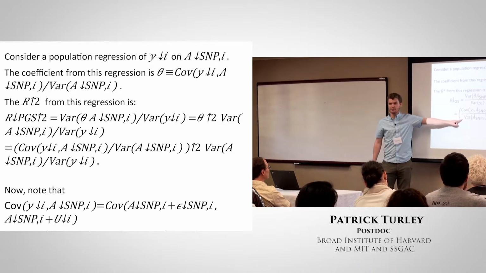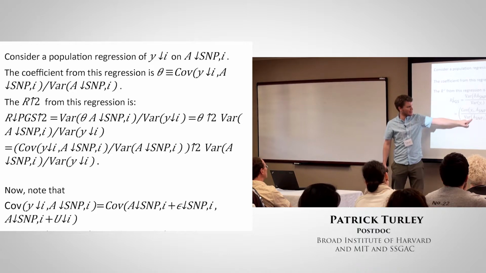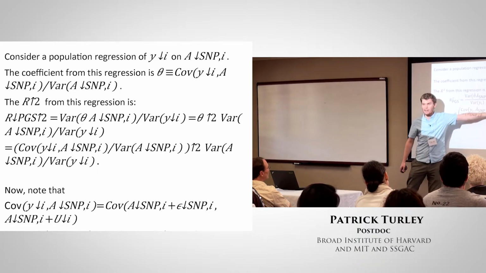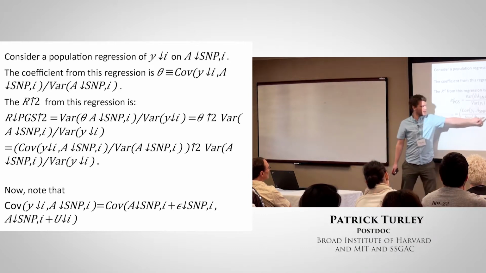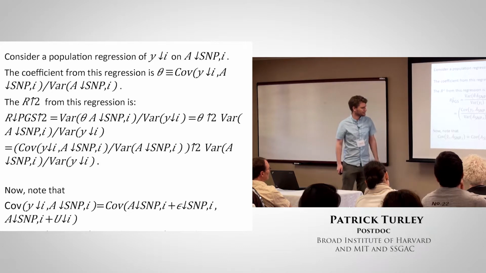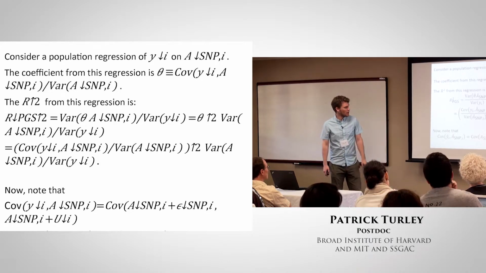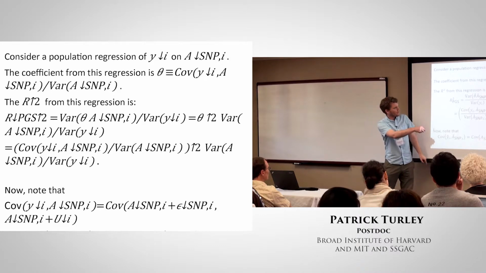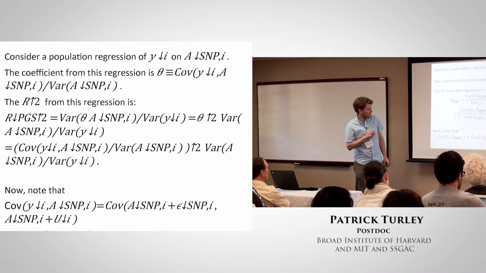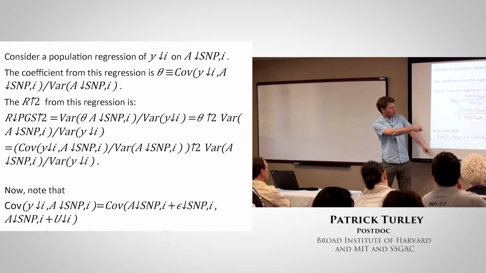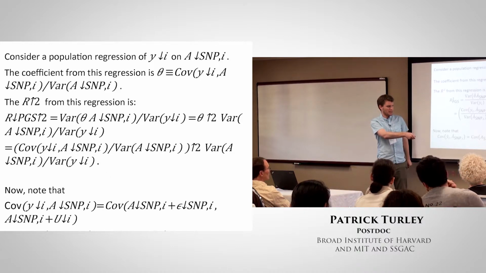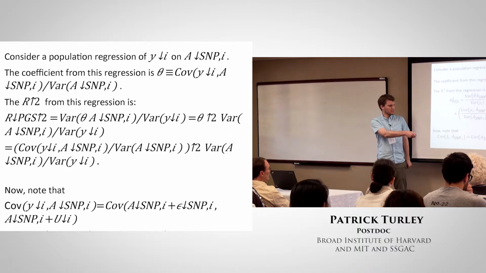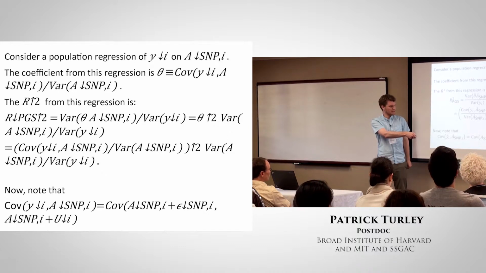All right, that's all I've done here. Notice that we have the variance of a hat in the denominator and the variance of a hat in the numerator, so we can cancel one of these. There should be a tilde here. This covariance term in the numerator: y we've said is equal to the SNP additive genetic factor plus the residual, so there's some amount not captured by our SNPs.